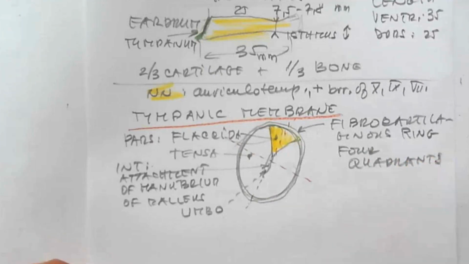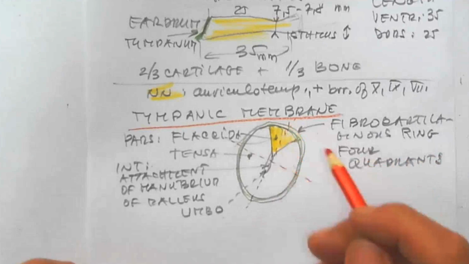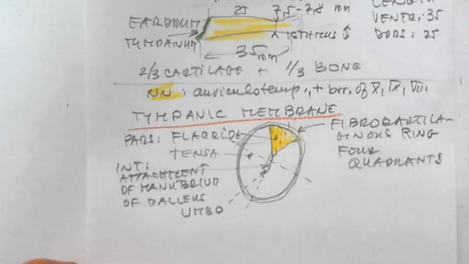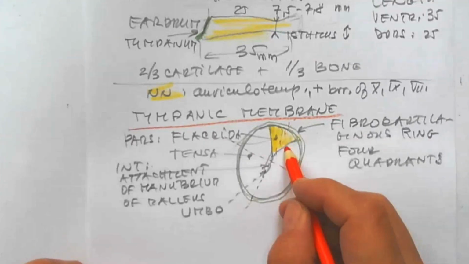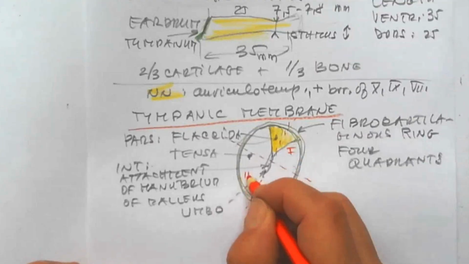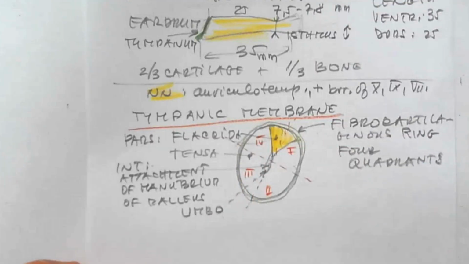Important for description for medical purposes, for ENT, otolaryngology. So this is number 1, number 2, number 3, number 4 quadrants.